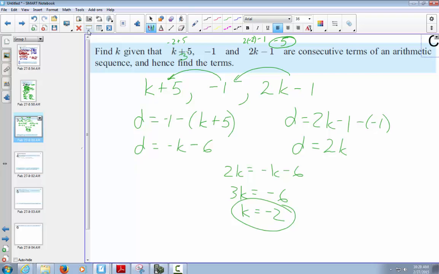So, change of -4 ends up being our D value. And it works. Perfect. So there's lots of uses for an arithmetic sequence. Next up is going to be geometric sequences.